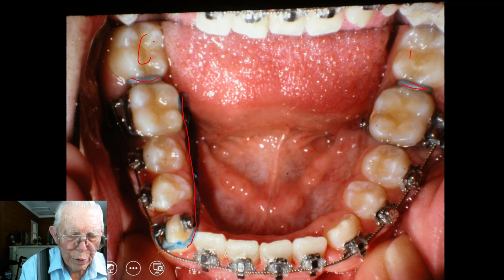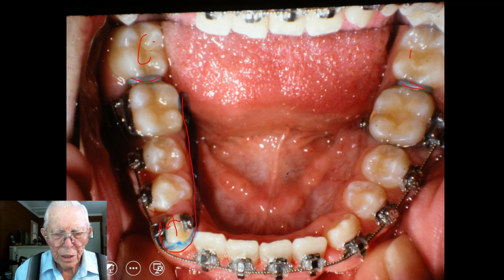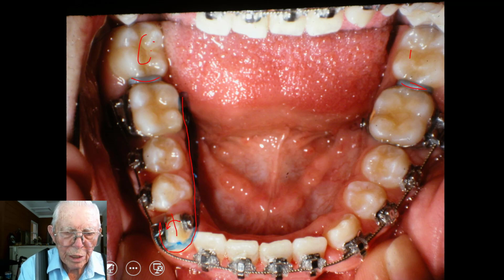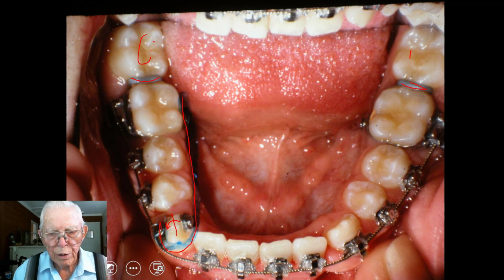Run over it, we put a little acrylic there to make it go under, and hook it to the tooth here. So as it closes this tooth back, it's going to tend to spin it in that direction. See, so this is rotating the tooth at the same time that it's pulling it back into the space that it has. Now this one, we've gotten it rotated, just lining up with this.